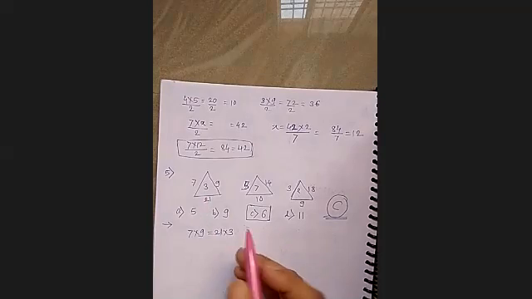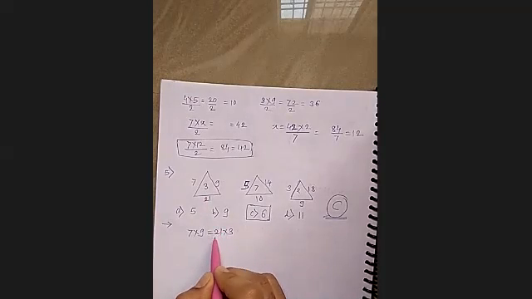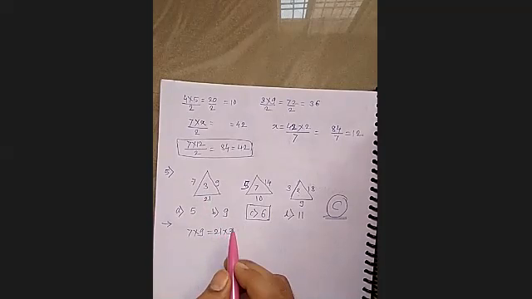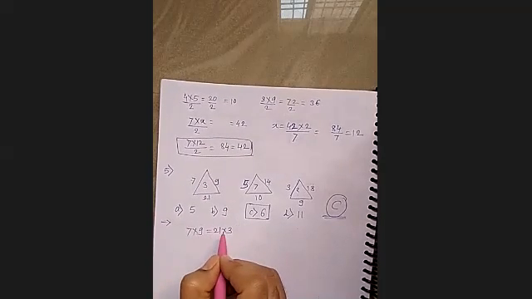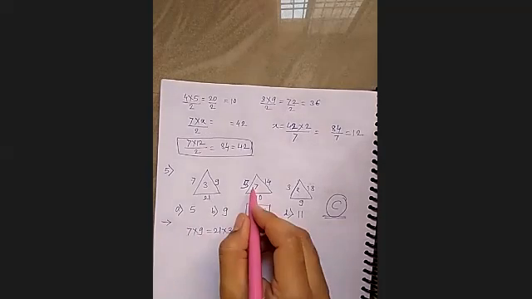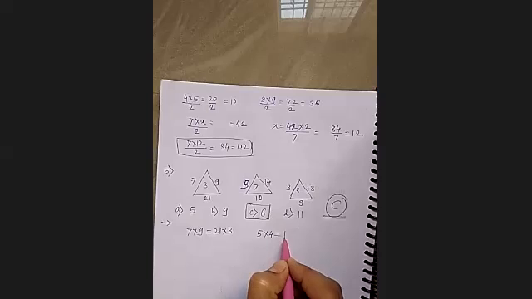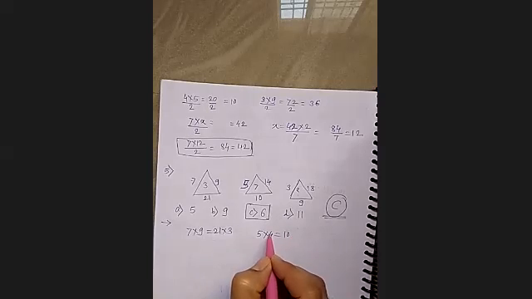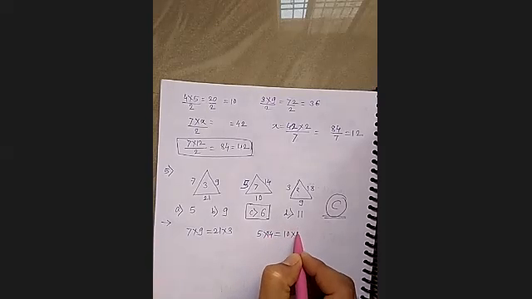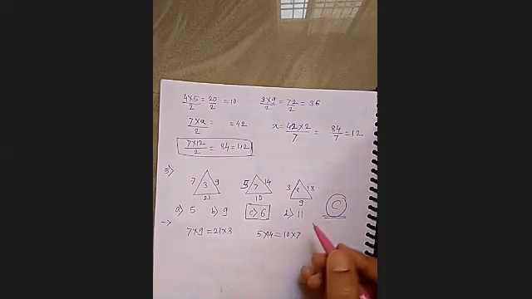By and large, if you send this number to this side, you compulsorily have to send either of the numbers, then you will get the remaining numbers. The same case is here also. 5 into 14 is equal to 10 into 7. So if you send one of these numbers to this side, you will get the answer.